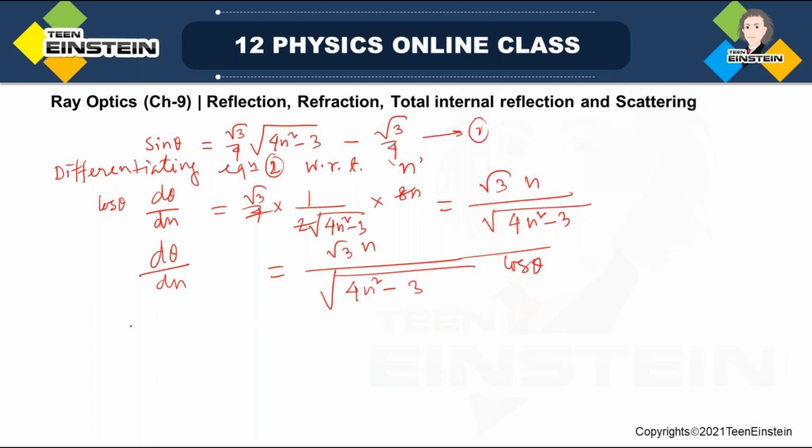Now look, we had been given that when n is equal to root 3, then theta is equal to 60 degree. We will put it here now. So m is equal to d theta dn when n is equal to root 3.